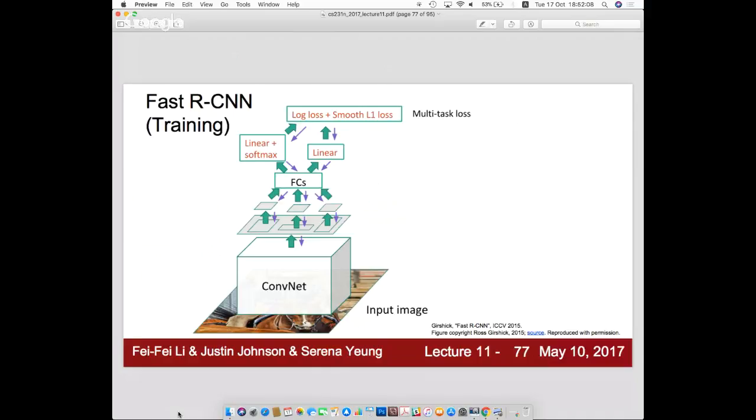So for the Fast RCNN, after the fully connected layers, you have a bunch of regions, right? Each region, like there's 3 regions here, is being labeled with a particular classifier as a particular class.